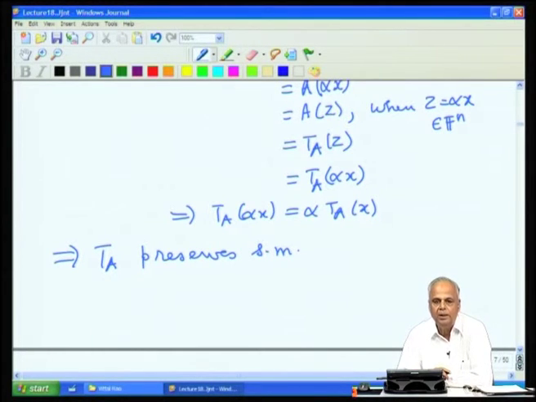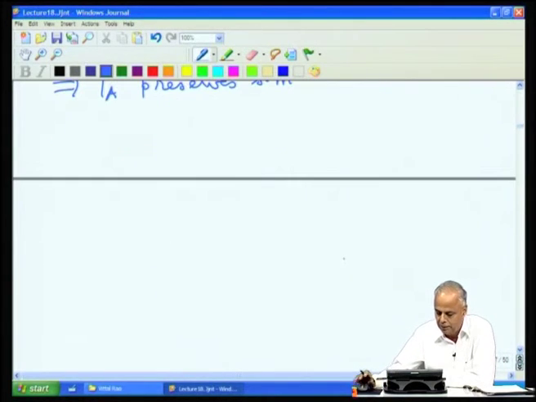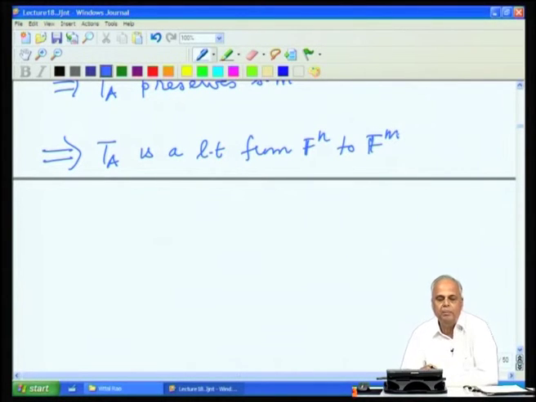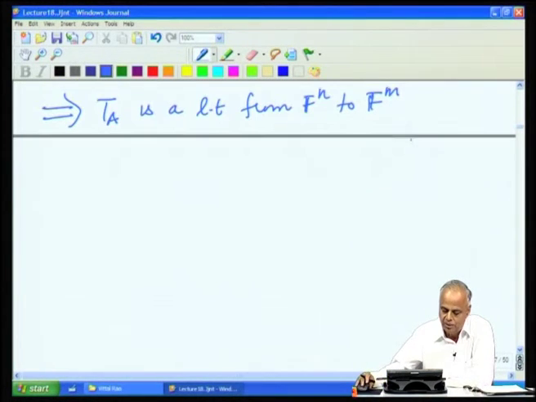So, we have seen that TA preserves addition, we have seen that TA preserves scalar multiplication, hence these two together imply TA is a linear transformation. So, we started with an m by n matrix A, and from that matrix A, we generated a linear transformation TA from Fn to Fm.